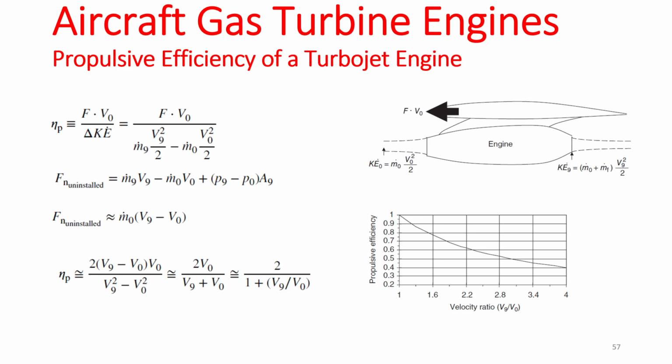Okay. So what you just said was, as the exit velocity V9 increases, your propulsive efficiency decreases.